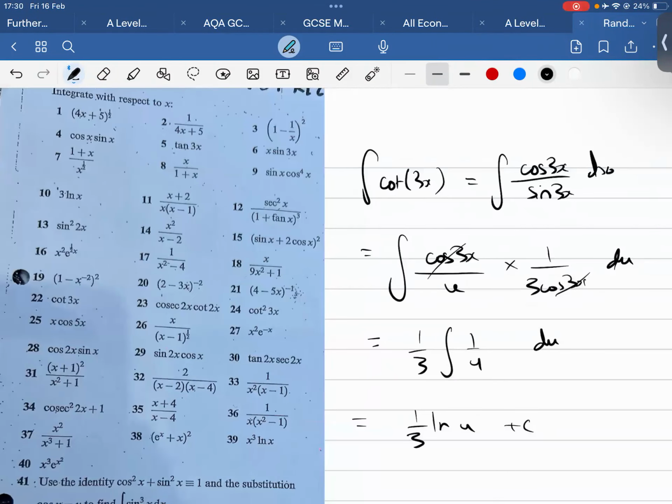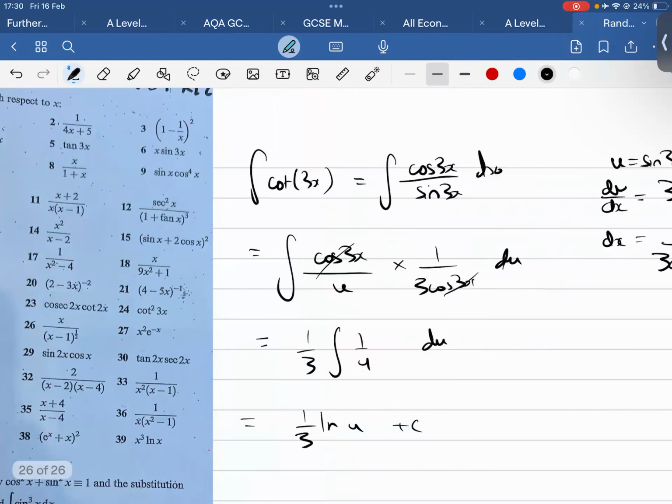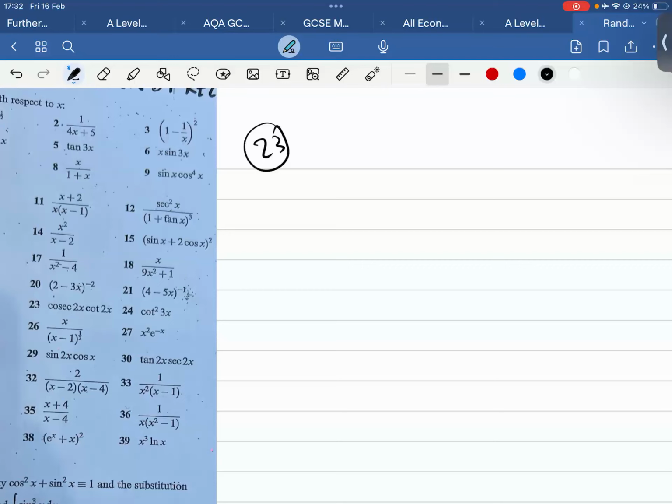Next one, question 23. Okay, so in the formula book, we know that cosec kx differentiates to make minus k cosec kx cot kx.